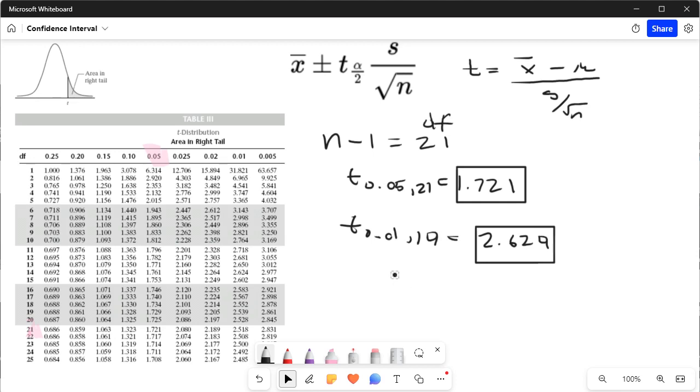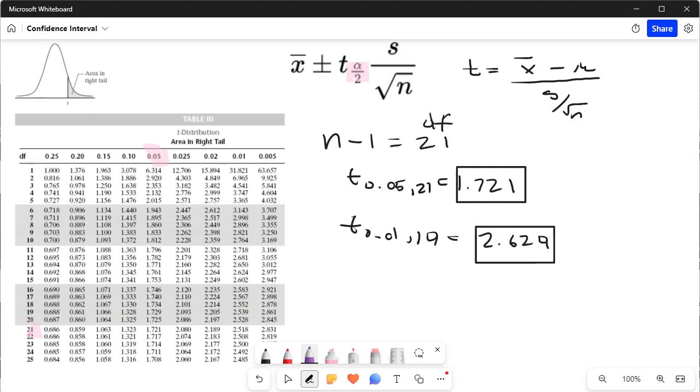Now, as you see in the confidence interval that we have above here, the interval uses alpha over 2. So think of it this way. If we know that we have a confidence level, then we just have to assume that it's two-tailed, so the area to the right is alpha over 2. See how in this case this is 0.05, but that's already accounting for half of the alpha region, which would be 0.1.